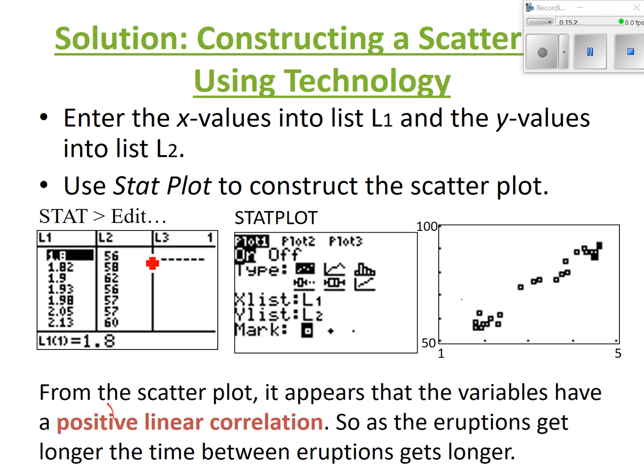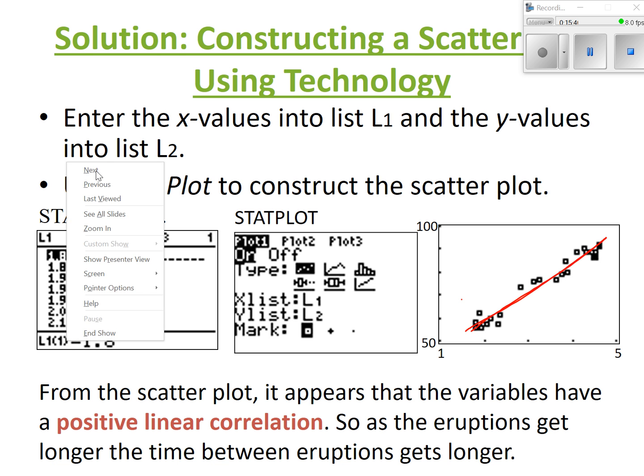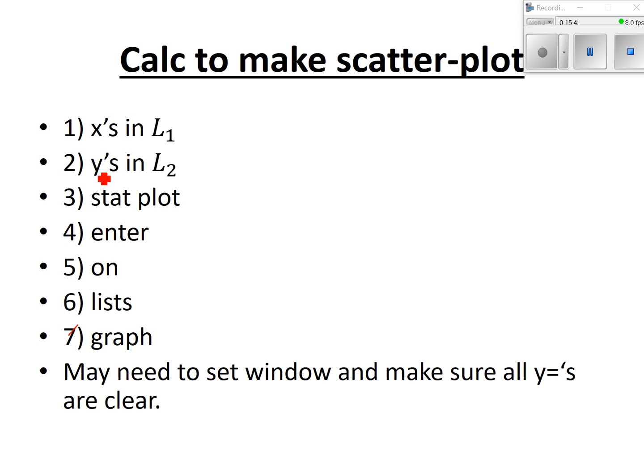And from all that, it looks like there's a positive correlation. If we look here, it's going up: as the X's get bigger, the Y's get bigger, so it's got a positive linear correlation. This is the way you do it on your calculator.